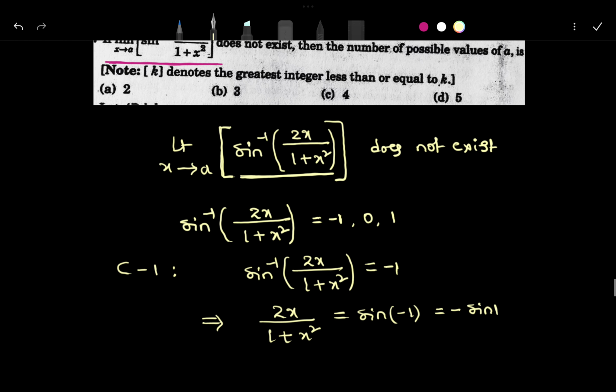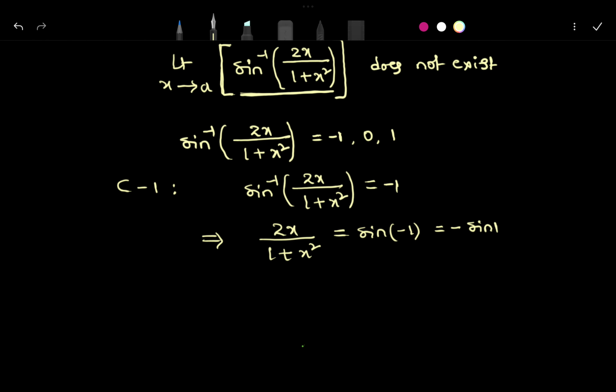Now cross multiplying, this becomes (1 plus x square) into sine 1 plus 2 into x is equal to 0.